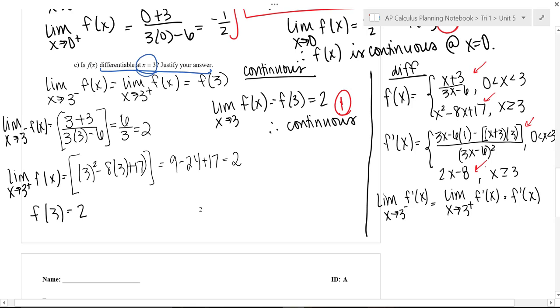We also need to know that for it to be differentiable, the limit as x approaches 3 from the left of the derivative needs to equal the limit as x approaches 3 from the right of the derivative needs to equal that derivative value. So again, we're just playing with a bunch of substitution here. And then we get that negative 1.667 does not equal negative 2. And then we can say, therefore, not differentiable.